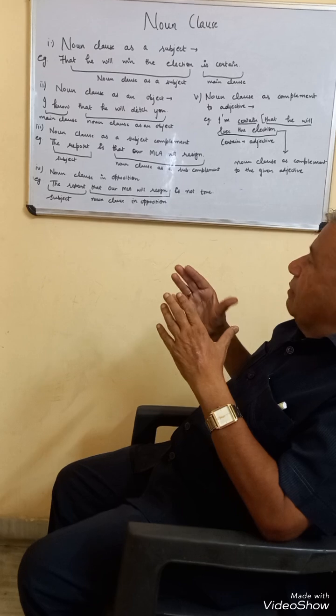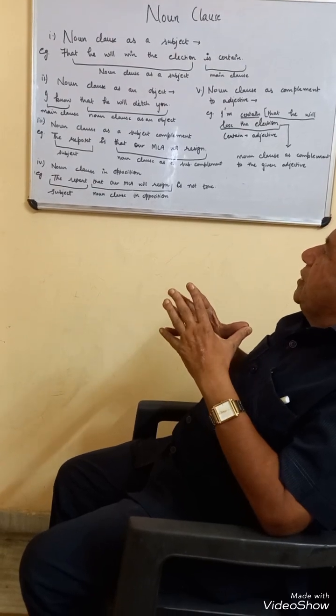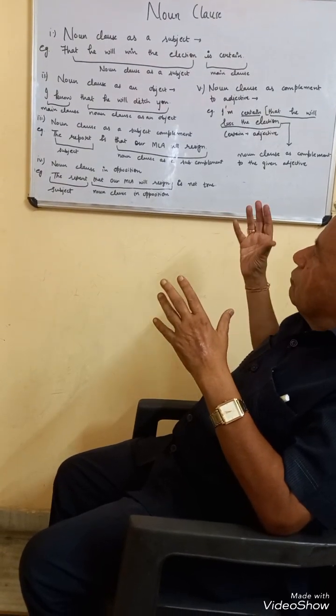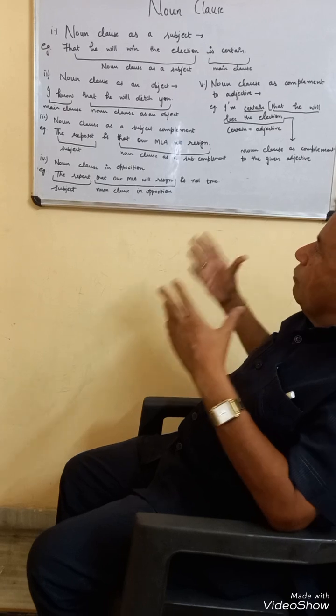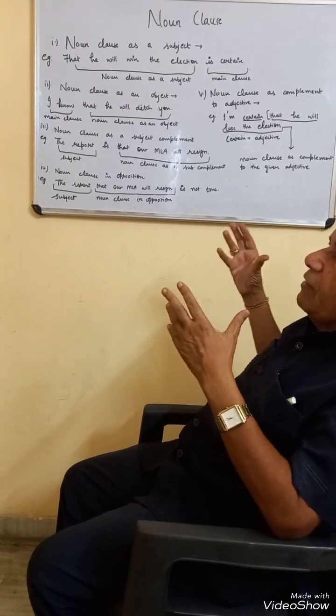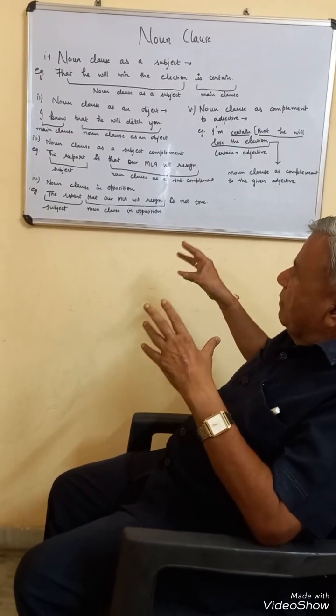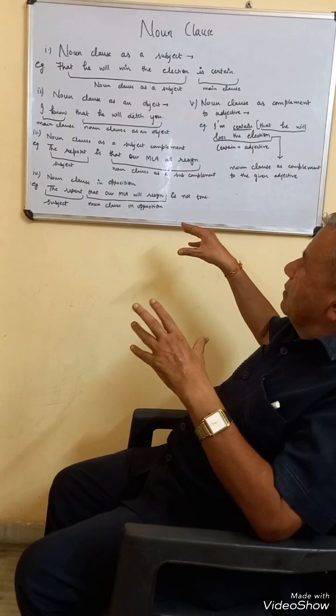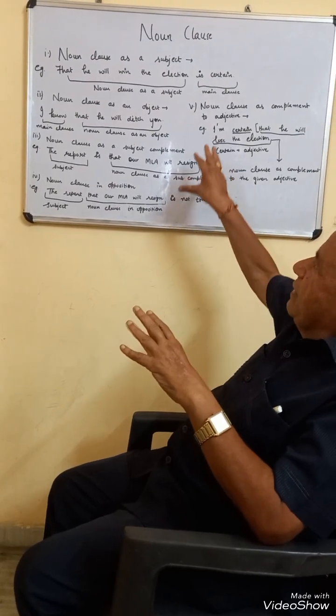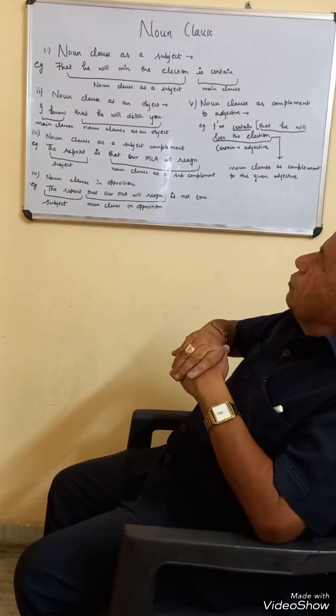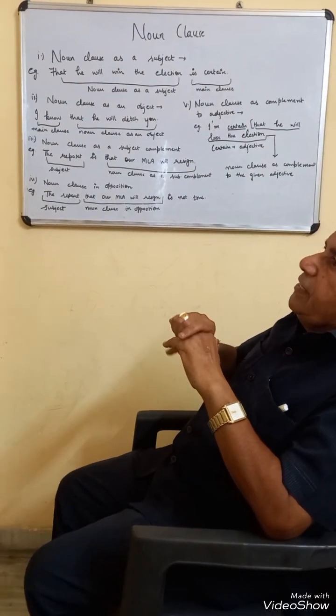But there are other words also with which a noun clause starts. There are WH words, there is if or whether. That will be discussed subsequently. Today we have just confined it to the noun clause that begins with that.